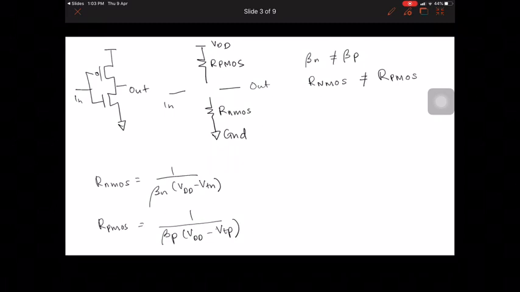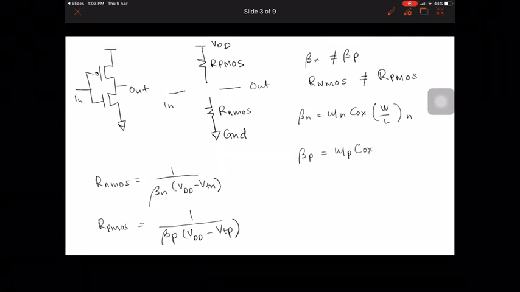It depends on your process parameters. So beta N equals mu n COX W over L N, and beta P equals mu P COX W over L P.